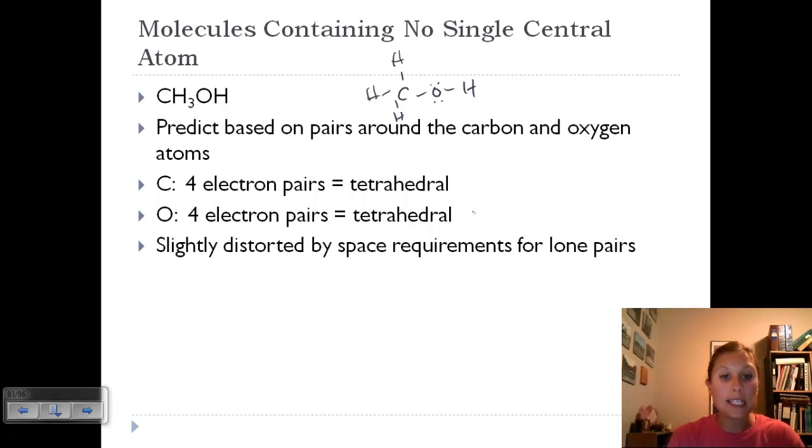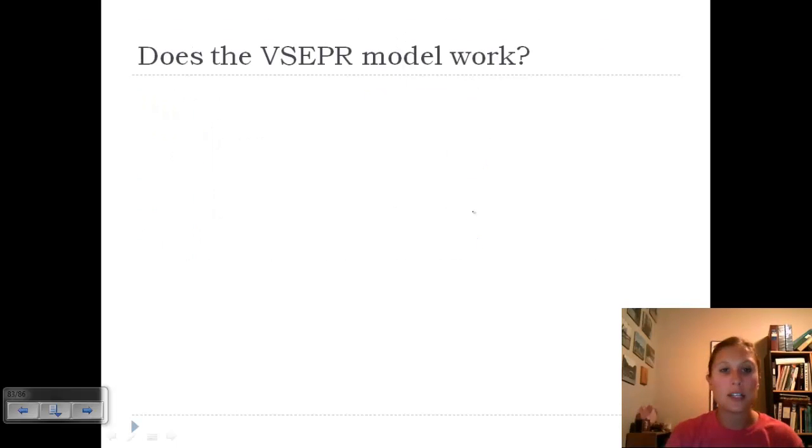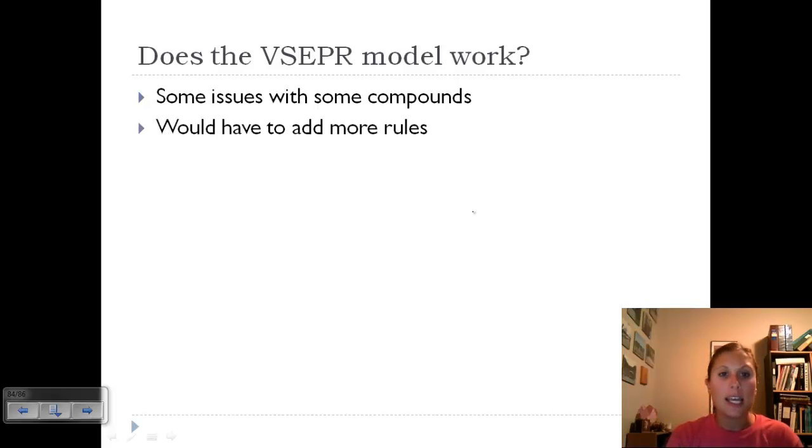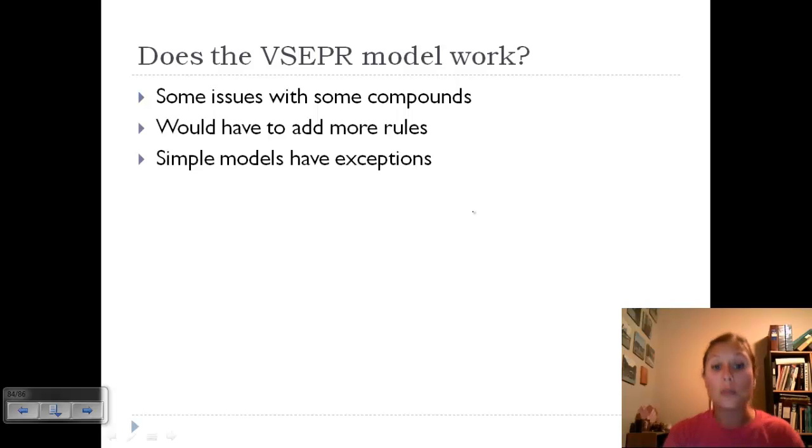But the only problem is that it gets slightly distorted by the space requirements for those 2 lone pairs that are on oxygen. We've got almost a bent shape going on with those 2 pairs there. And so that can be a little tricky. Okay, there are some issues with some compounds when it comes to the VSEPR model. And in order to deal with all those issues, we would have to add more rules, but we try to keep it simple. And so even this simple model will have exceptions, but it does apply to most models.